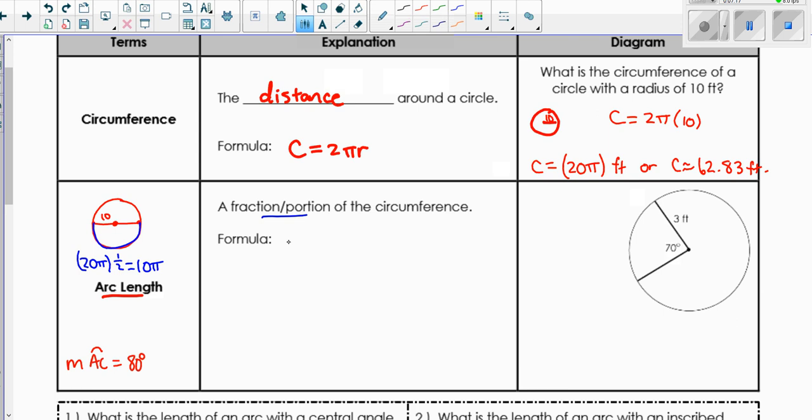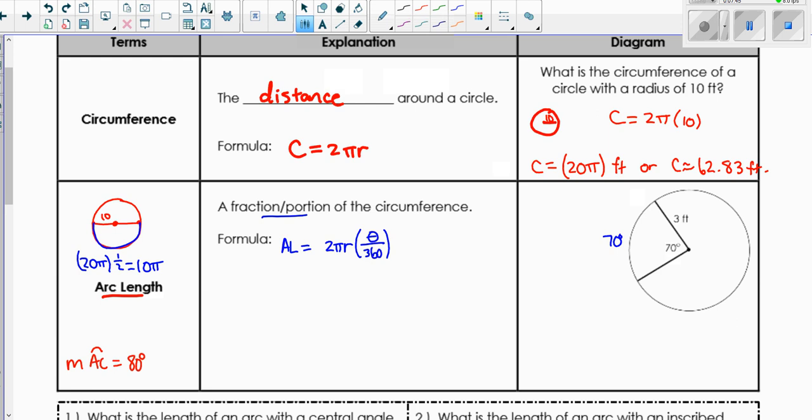So you can really think about it as your arc length equals your circumference, 2 pi r, times theta out of 360. Remember, theta represents an angle, so some angle out of 360. Okay, so let's use this as an example. If this angle is 70 degrees, then this arc is also 70 degrees, since it's a central angle.